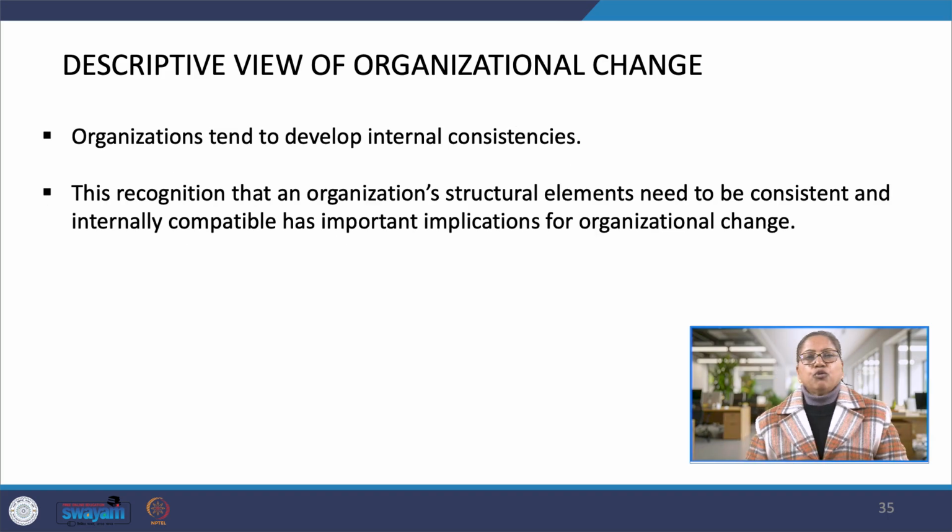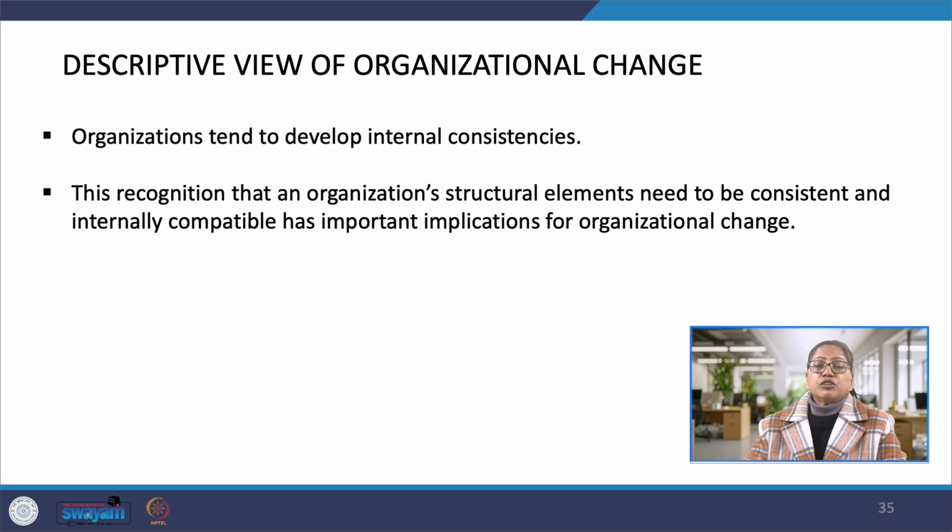Then we need to know that all the organizations are not unique. They tend to develop internal consistencies between their technology, their authority structures or patterns, the span of control, degree of specialization, standardization, formalization, and other structural configurations or elements.